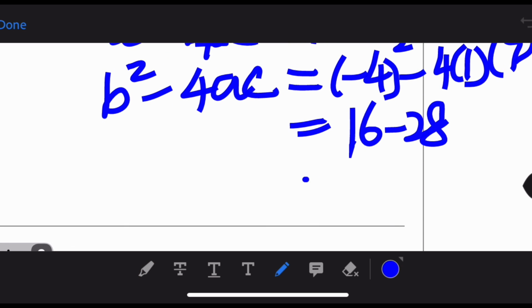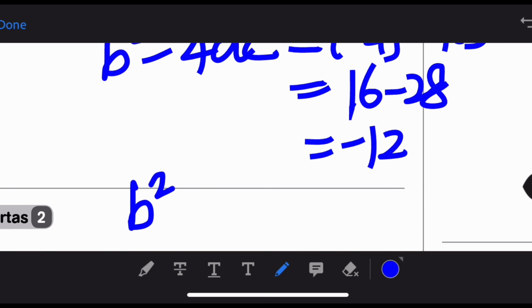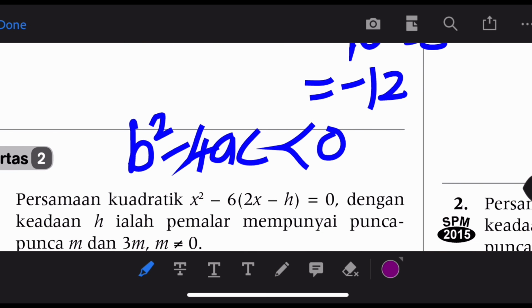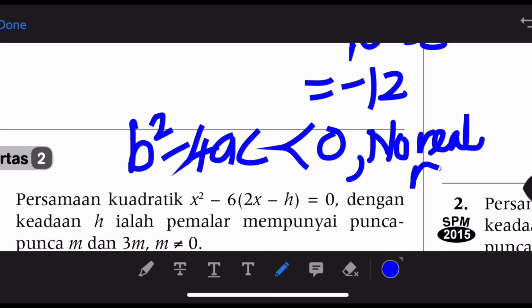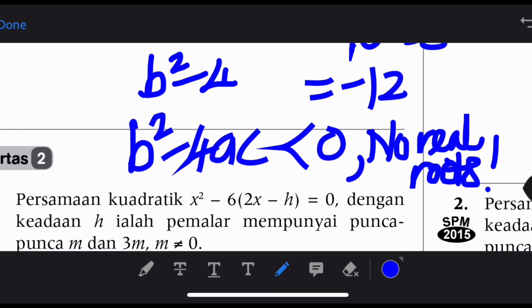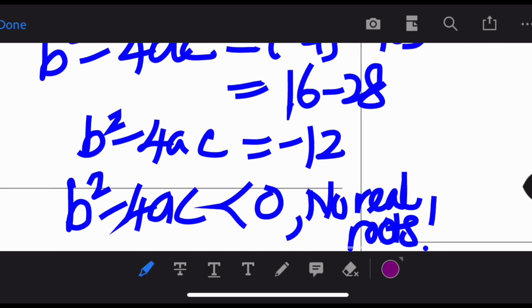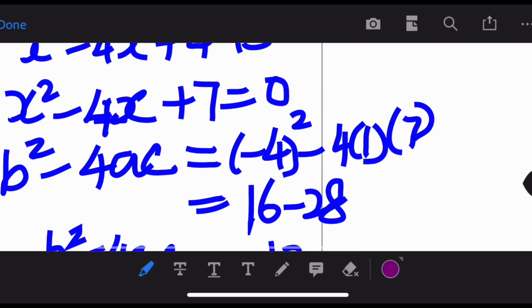So it's negative 12. Yes, b squared minus 4ac less than 0. Hence, the conclusion is no real roots, right? Okay, because you are having b squared minus 4ac, which is negative 12, a number which is less than 0, right?